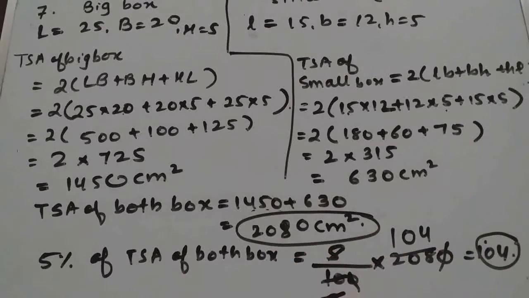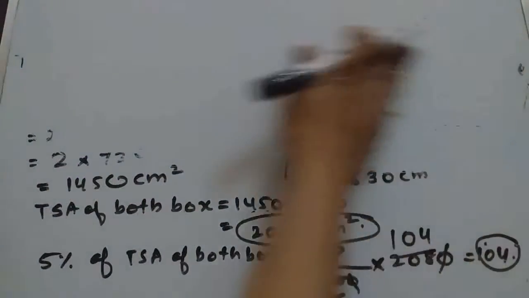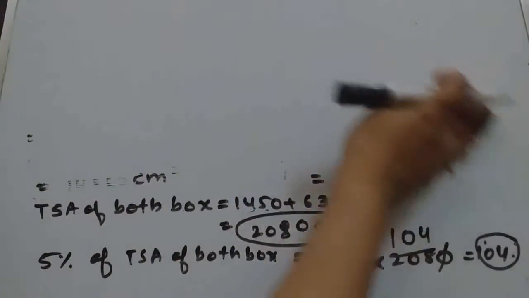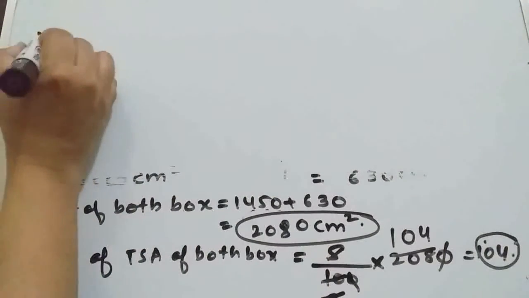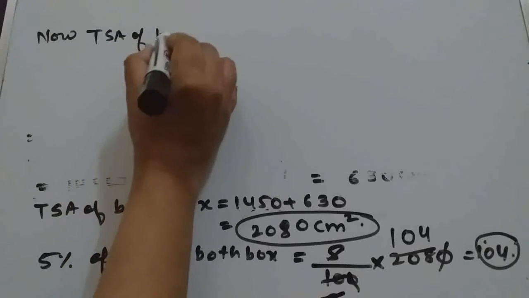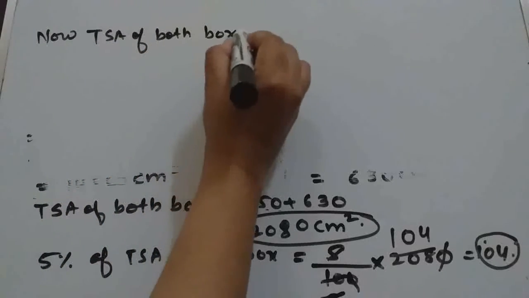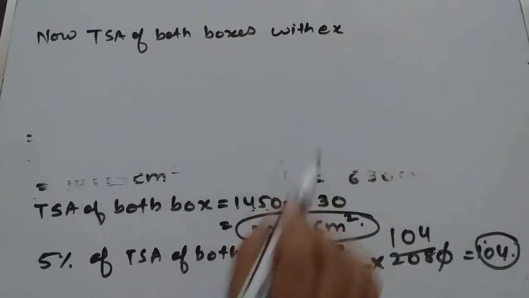Okay, so what we will do, next step, now to the TSA of both the boxes with extra overlap, this we should add.